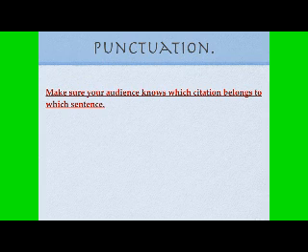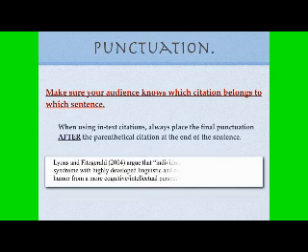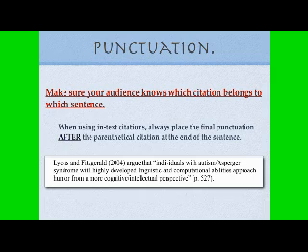Now, make sure your audience knows which citation belongs to which sentence. When you're citing source information for a particular sentence, the period comes after the parenthetical citation. In this example, we've already presented the names of the authors and the publication date as a grammatical part of the sentence, but we need to include the page number.